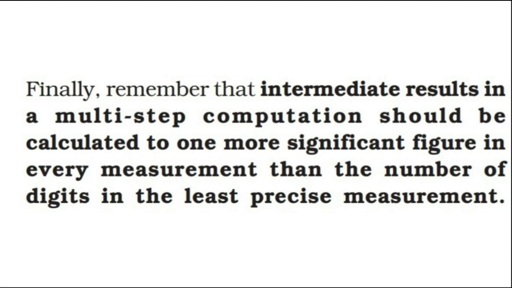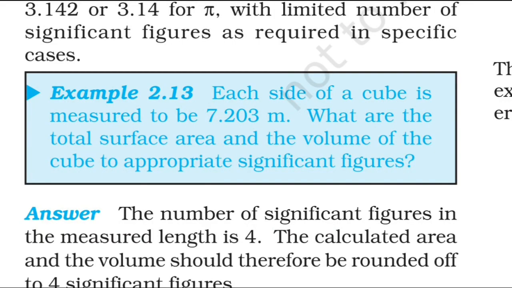We will do examples. Those are the example questions given in the textbook itself, example 213 and 214. Now example 213. Each side of a cube is measured to be 7.203 meter. What are the total surface area and the volume of the cube to appropriate significant figures?